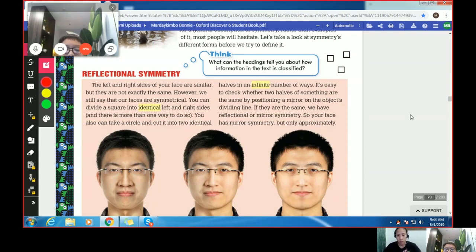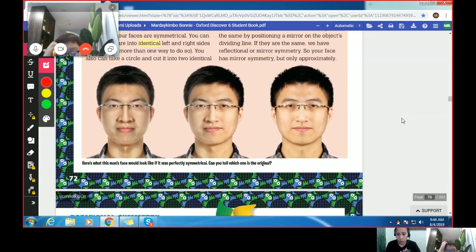It's easy to check whether two halves of something are the same by positioning a mirror on the object's dividing line. If they are the same, we have reflectional or mirror symmetry. So your face has mirror symmetry, but only approximately.